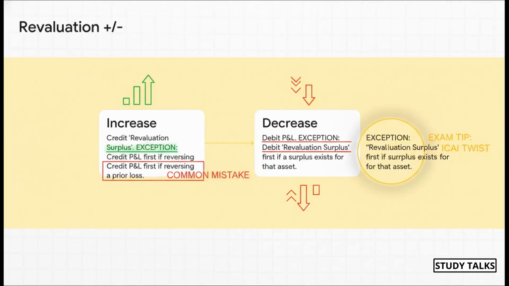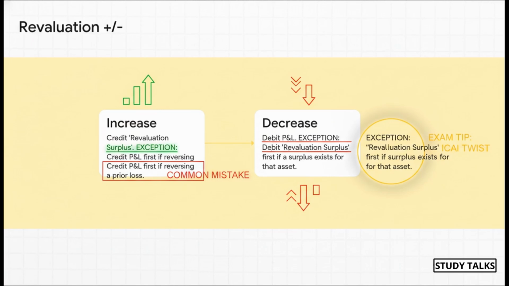Okay, I need you to focus very carefully on this next part because this is a huge area where marks are won and lost. Let's talk about where the gain or loss goes. If the value of an asset increases, the gain goes to something called revaluation surplus, which sits in your equity. Simple enough, but there's a catch. If that increase is just reversing a loss that you previously charged to the P&L for that same asset, you have to credit the P&L first up to the amount of that old loss.